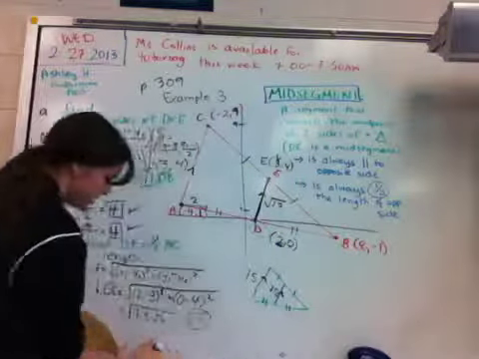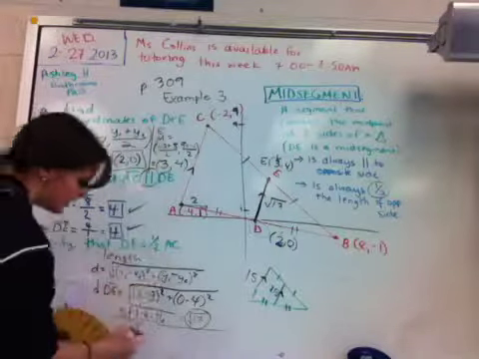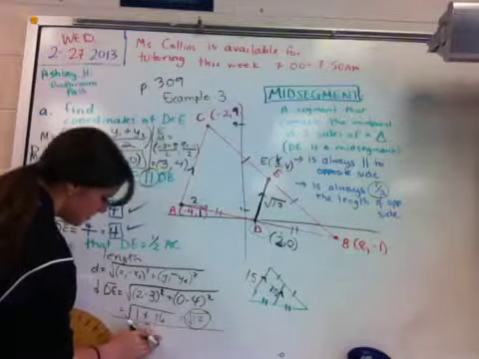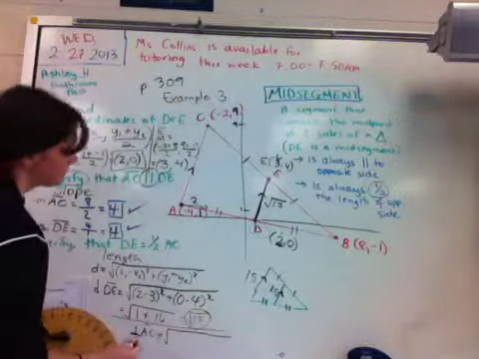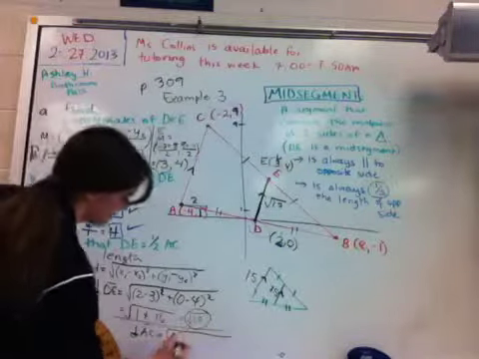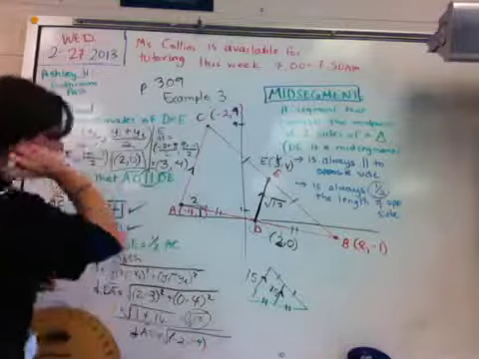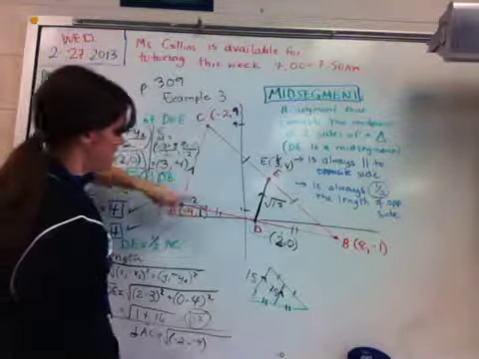Okay. Next things next. Let's find the distance of AC. Please plug it in with me. Now, I went the different direction on this one. I started with negative 2 and went to negative 4.